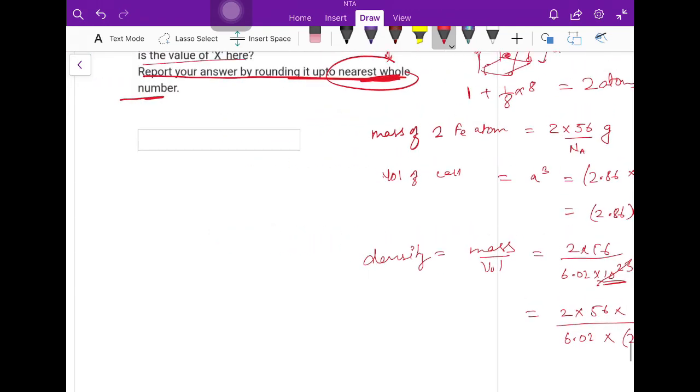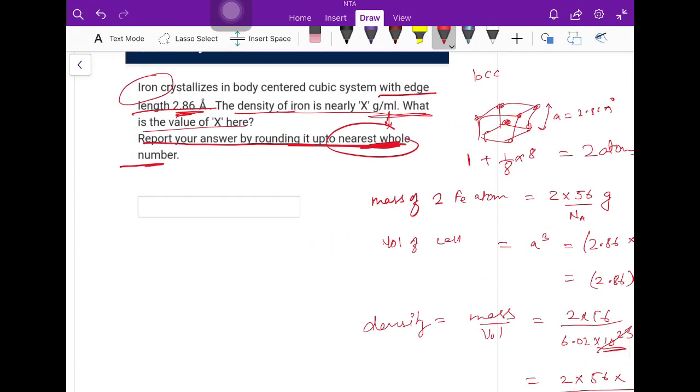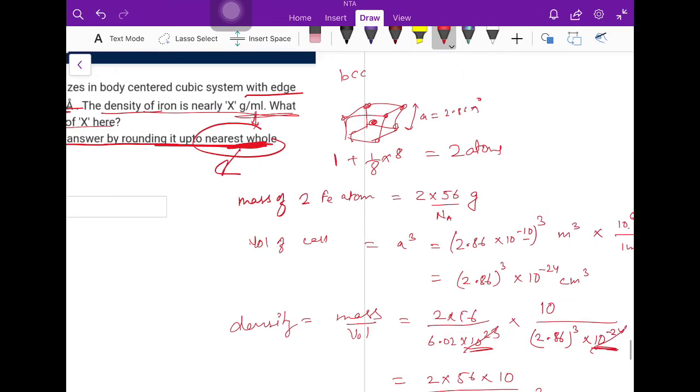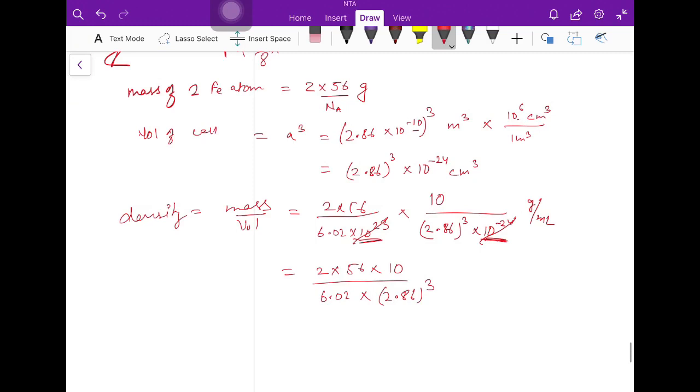Calculating this is quite difficult, and they have asked you to report the answer in nearest whole number, and calculating the nearest integer is difficult here because we have used so many approximations.